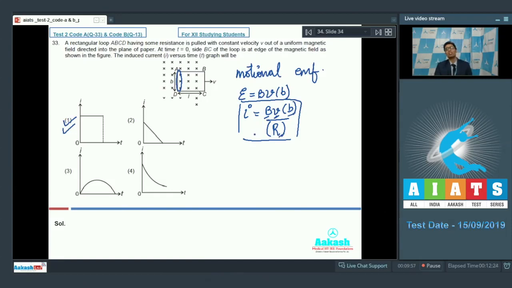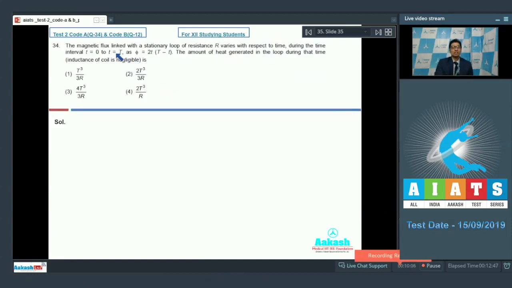Let us proceed to the question number 34 now. Question number 34 says that the magnetic flux linked with the stationary loop of resistance R varies with respect to time during the time interval t equal to 0 to t equal to capital T as phi equal to 2t(T minus t).